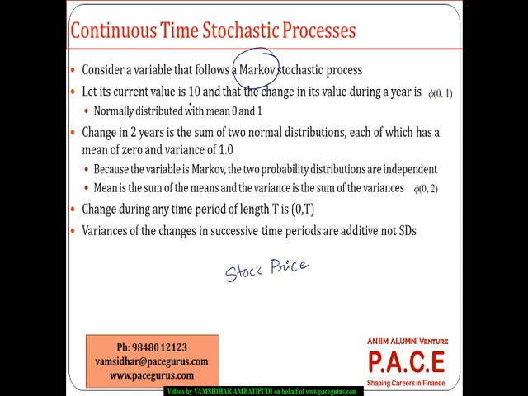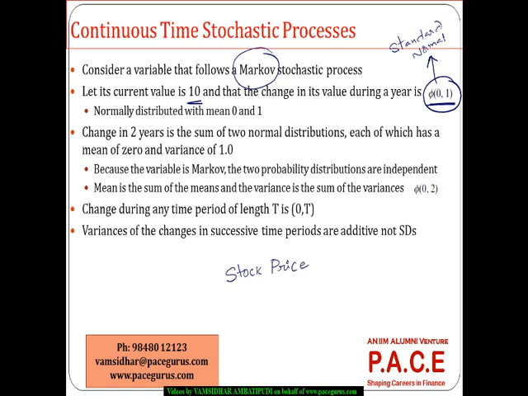Just as an example, let the current value be 10 and the change in its value during 1 year be changing in this manner. Phi is a representation of normal distribution. So the change, let's say, is normally distributed with a mean 0 and a variance 1, which is otherwise saying the change in the value is following a standard normal distribution.